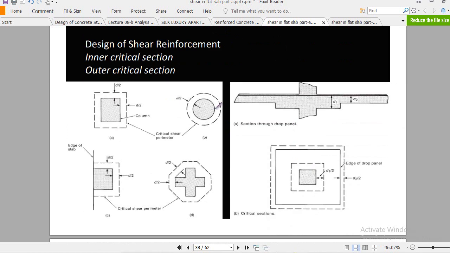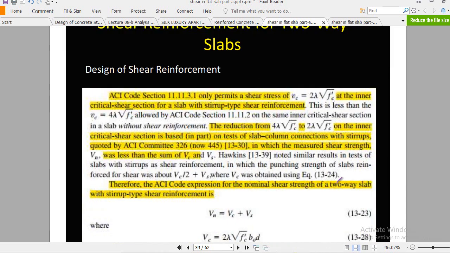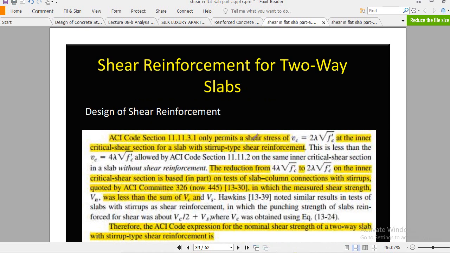Now the inner critical section, I already explained it. We have the inner critical section and the outer critical section, and this type of discussion is very important. The ACI code suggests that you have to use Vc, the design shear strength of the concrete, as 2 lambda root fc prime, not 4 lambda root fc prime.